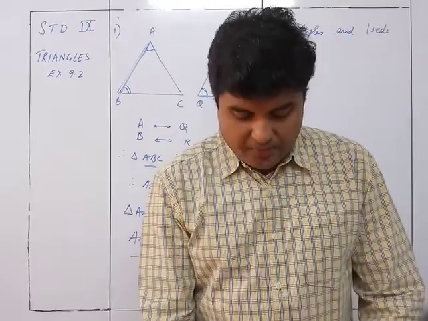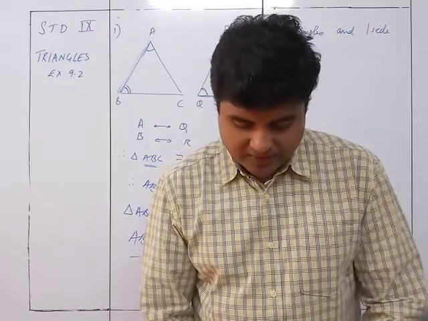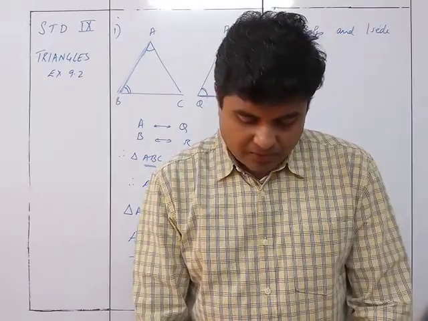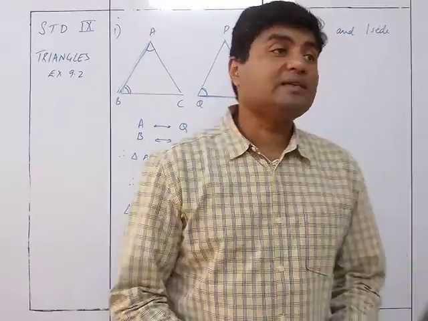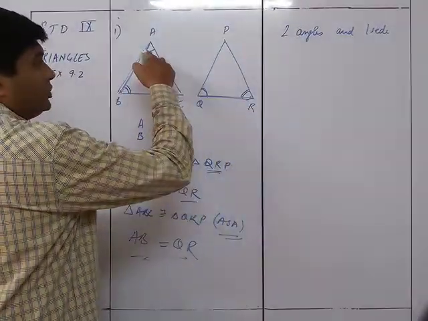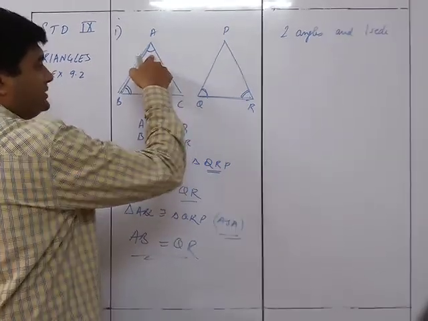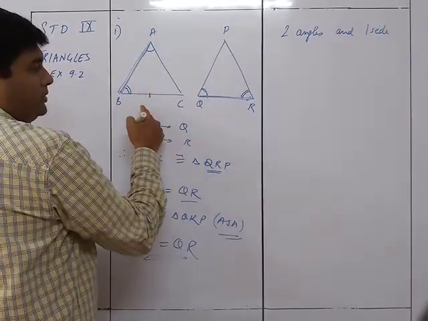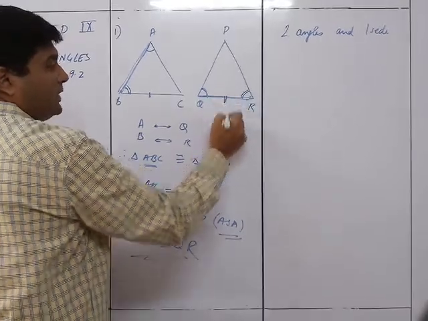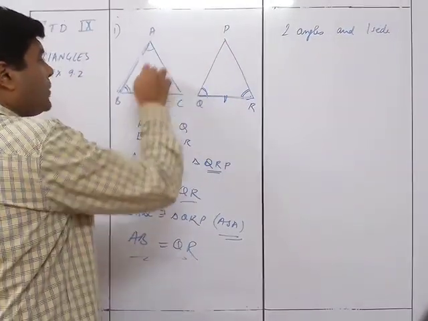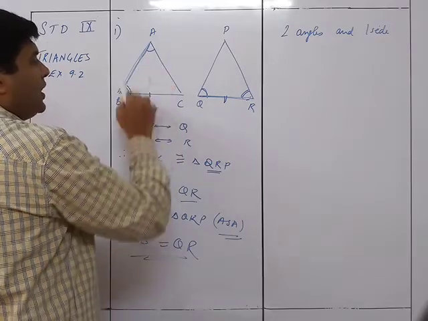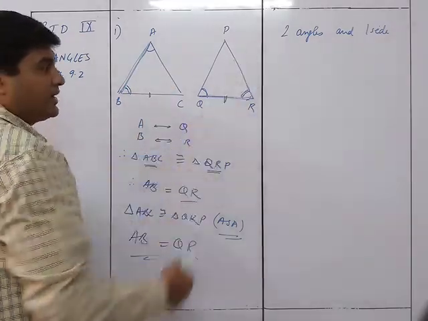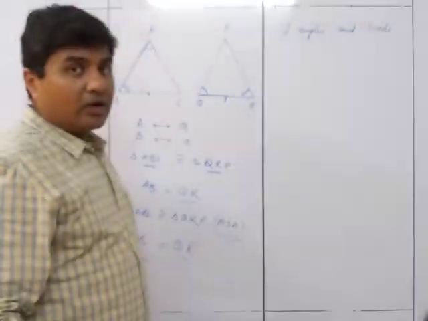No, it cannot be congruent just by this particular data. Suppose these are the two angles and this is the side we are talking about, and here the side is this one. I have got two angles equal to two angles, but this side is not included, while the other is included. So can it be congruent? No, it cannot be congruent.